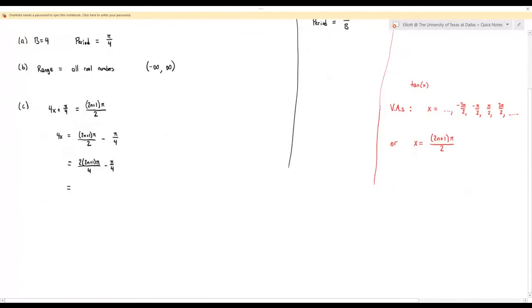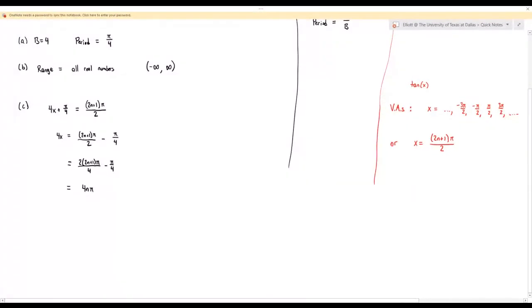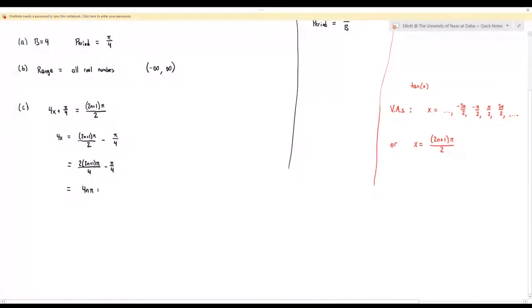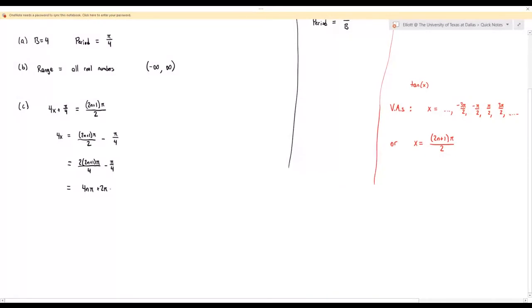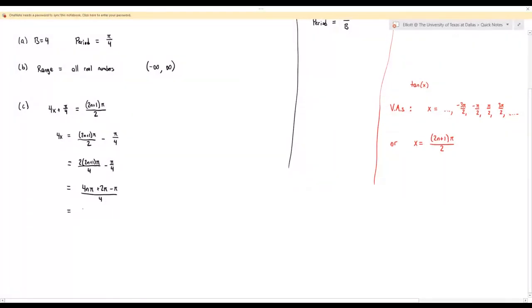I'm going to combine these two fractions, and I'm also going to distribute this into the parentheses. So I'm going to get 4n pi when I do that, plus 2 pi. And then we're also going to subtract a pi as well. That's all over 4. So that leaves me with 4n pi, and then 2 pi minus pi leaves me with 1 pi over 4.